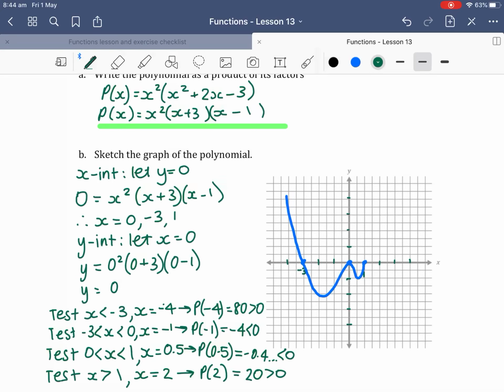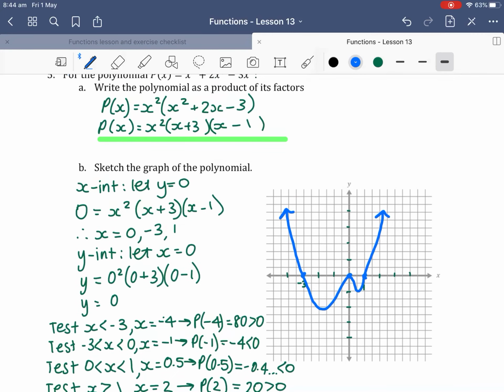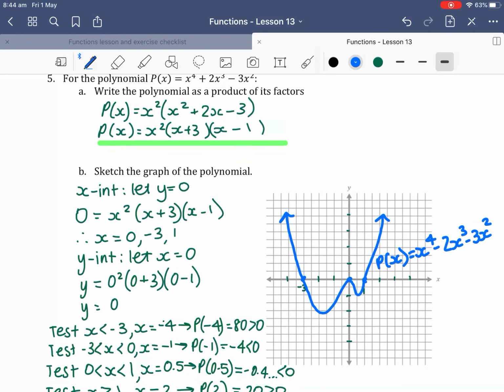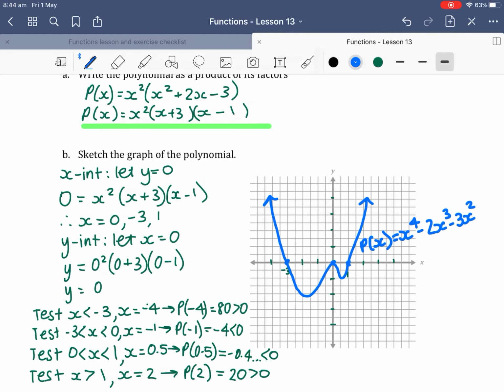So that was less than 0 before, and now we go up above the axis. And so that is roughly what our polynomial looks like. So now we just need to write our polynomial on our graph: P(x) equals x to the power of 4 plus 2x cubed minus 3x squared. And that is our polynomial sketched.